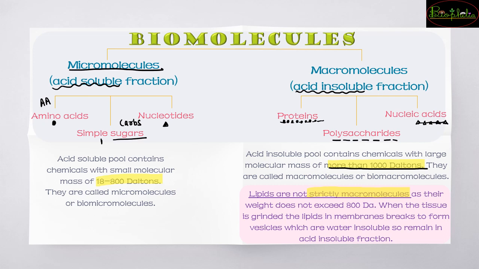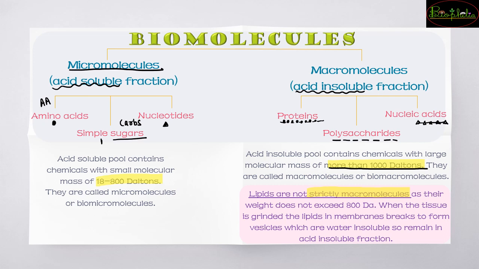than 1000 daltons. Now, why does it come into the acid insoluble pool? Because when you are grinding the tissue, lipids कहाँ present होते हैं? Lipids are present in the plasma membrane. So when the tissue is ground, the plasma membrane gets broken down. And once it is broken down, the lipid is not able to mix with the water. क्योंकि acid को dilute किस में किया है?